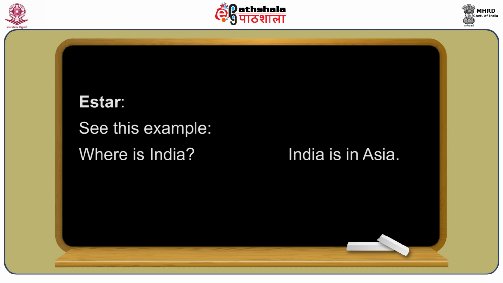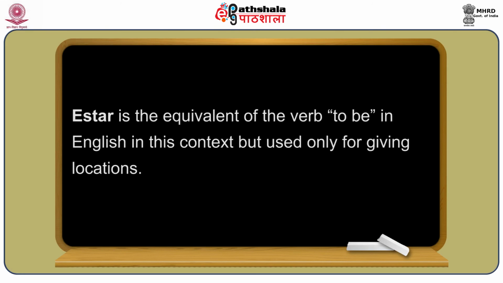So this, where is India, that is ¿dónde está India?, and India is in Asia in Spanish will be la India está en Asia. So the estar verb is the equivalent of the verb to be in English in this context, but used only for giving locations. So for giving the location of something, we first need to have knowledge of certain prepositions of place that determine the positions and location of objects, people, and places.